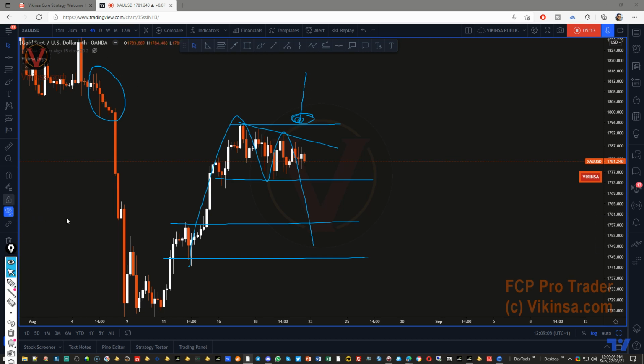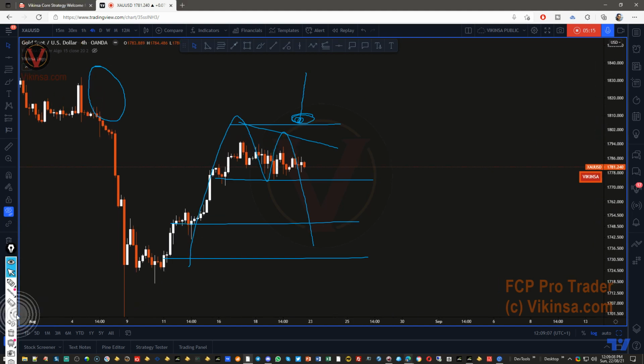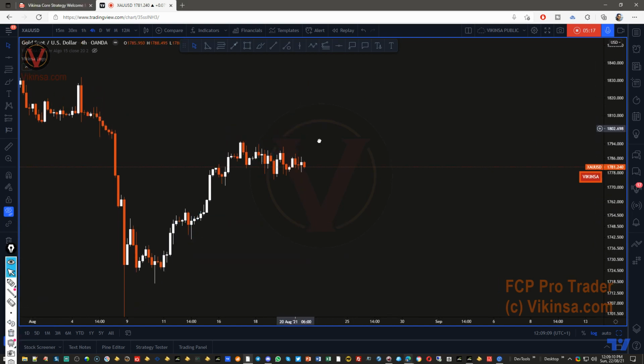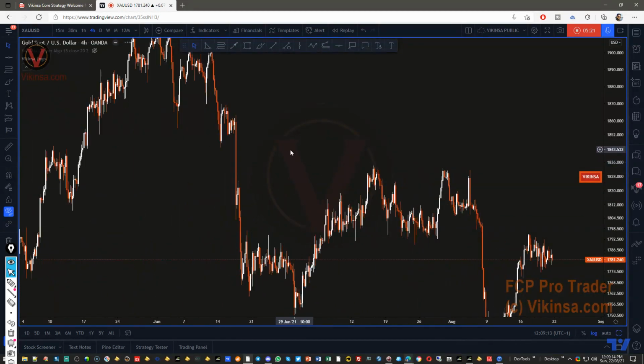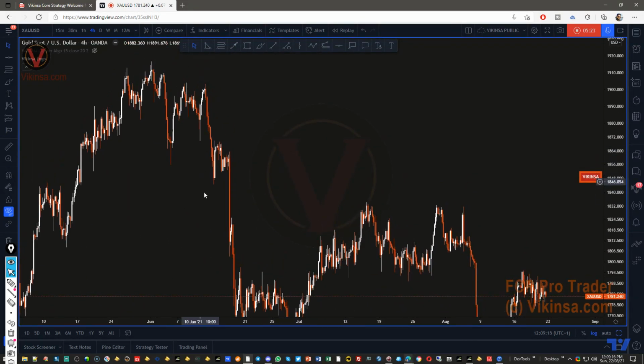There is another bullish scenario left in gold, and that is around here. As I mentioned before, there are two price gaps left around the 1865 and 1880 level or something. So if the market starts to go higher than that, these are the two bullish scenarios left in gold.